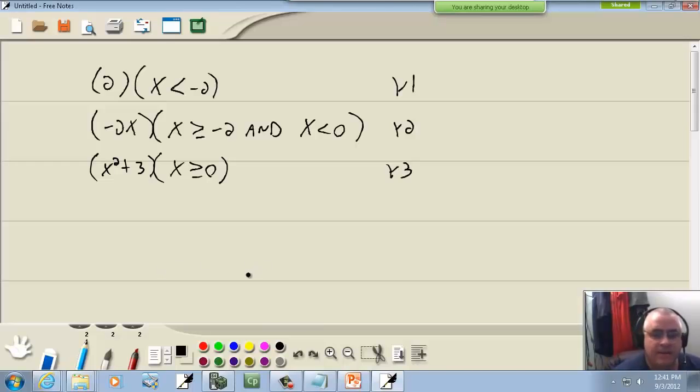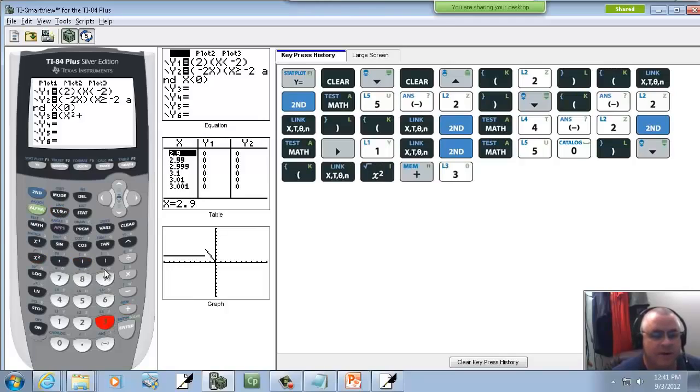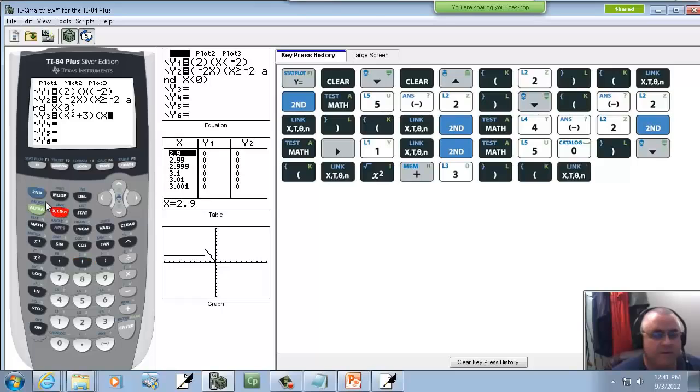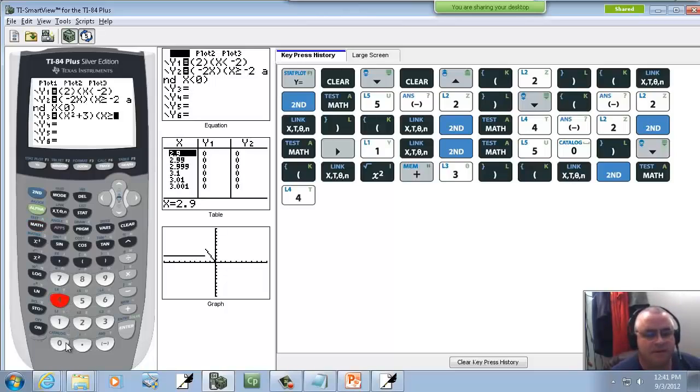Okay. And then y3, it's x squared plus 3 inside of parentheses. So beginning parentheses, x squared plus 3. Closing parentheses, beginning parentheses, x is greater than or equal to 0. So x, go to my test menu, second math. Greater than or equal to is the fourth one, 0, and then closing parentheses.